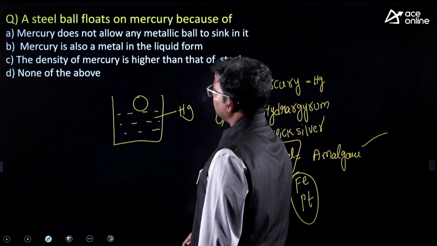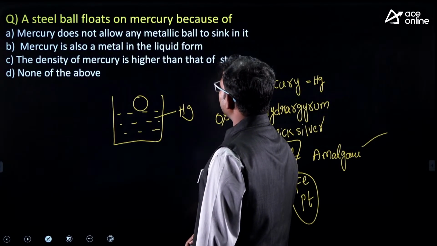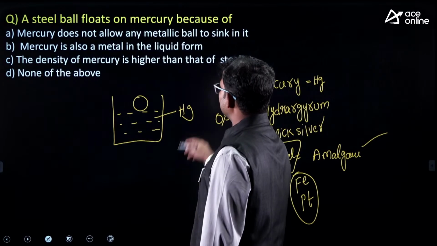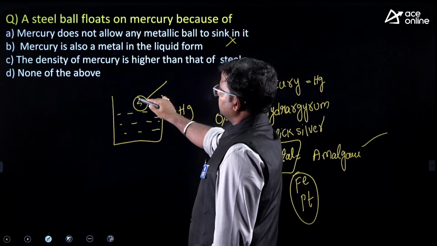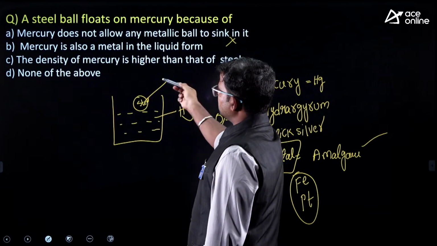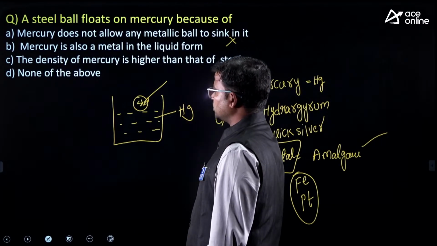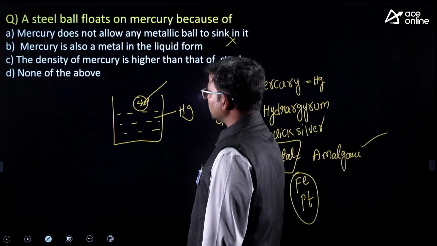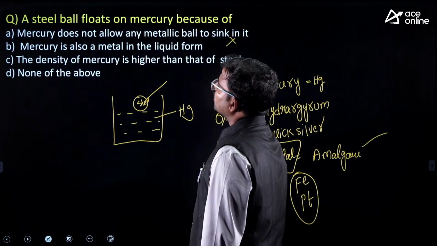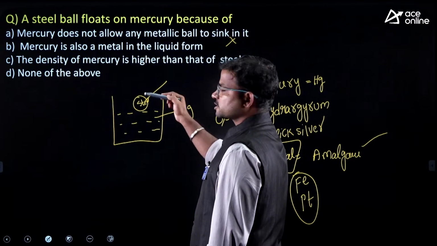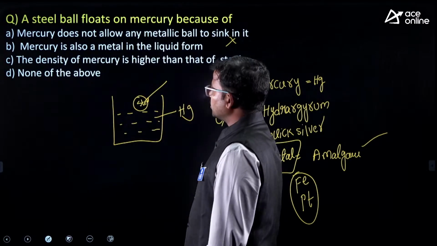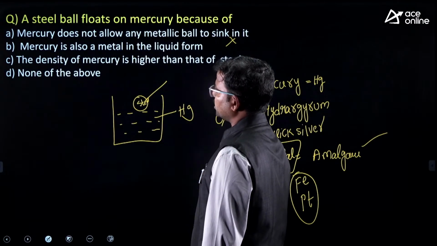The statement that mercury does not allow any metallic ball to sink in it is wrong. If the density of the steel is higher, it will submerge or sink into the mercury. If it is less than the density of mercury, it will float on the mercury. So that's why option A is wrong.